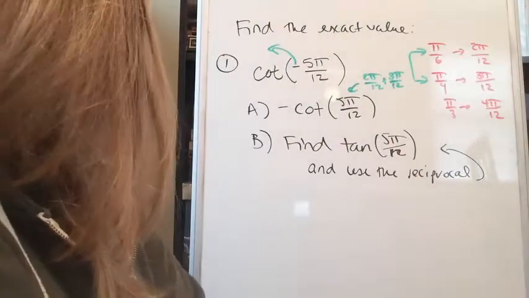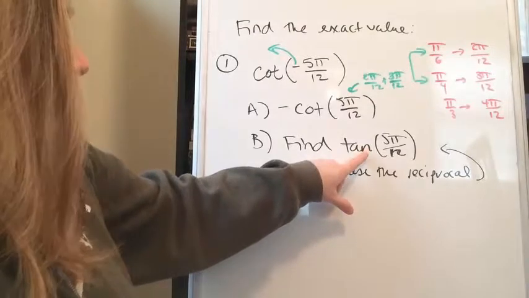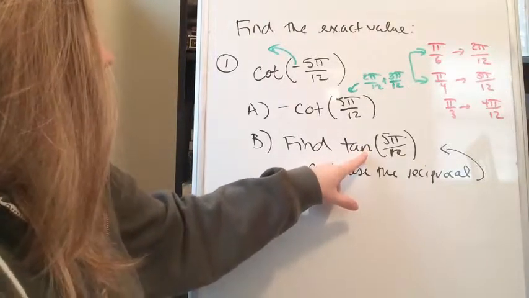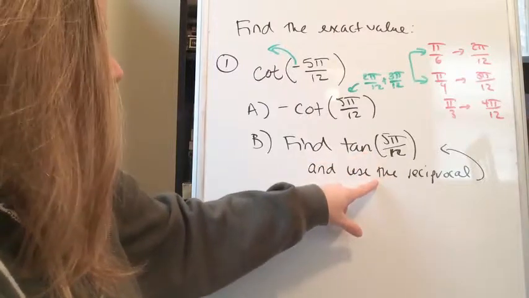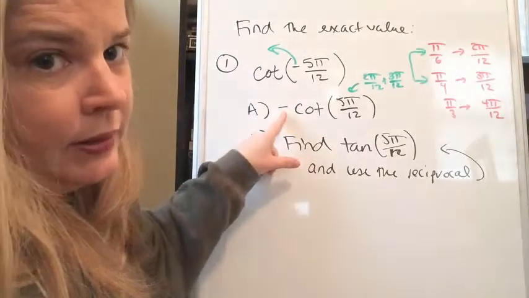Alright, so there's a lot of things we have to do. So we have to first find tangent of 5 pi over 12 using the sum formula for tangent. Then I'm going to flip it, use the reciprocal, and then I don't want to forget, I also want to attach a negative at the end.